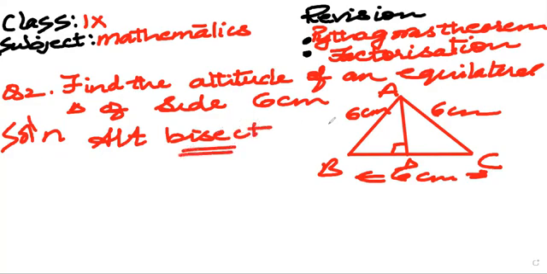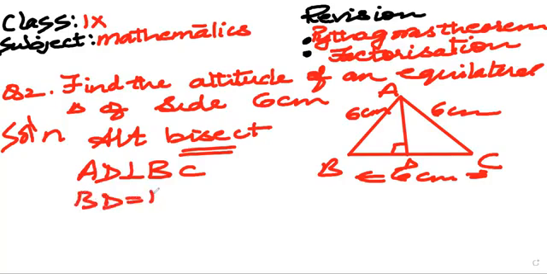Okay, so now here it means AD is perpendicular to BC and it bisects BC also. So here you can say that BD is equal to DC. Okay, children, if BC is 6 centimeter, can you tell me what will be the value of BD?